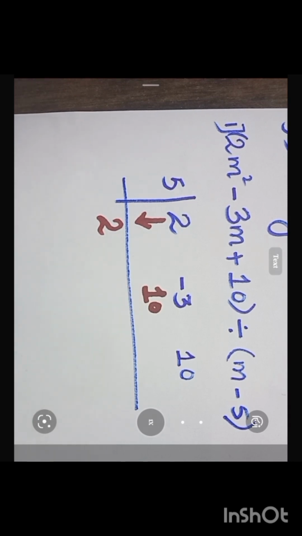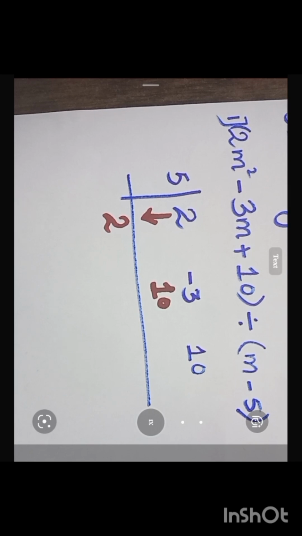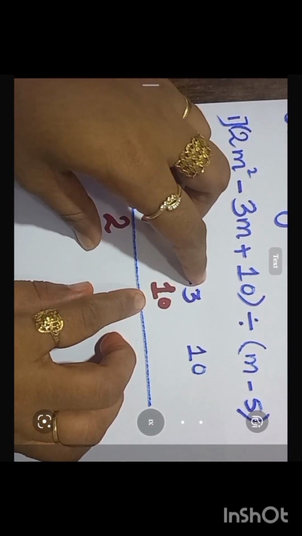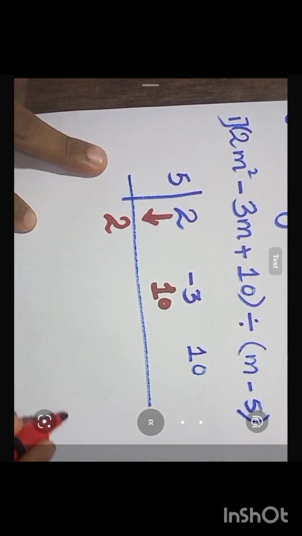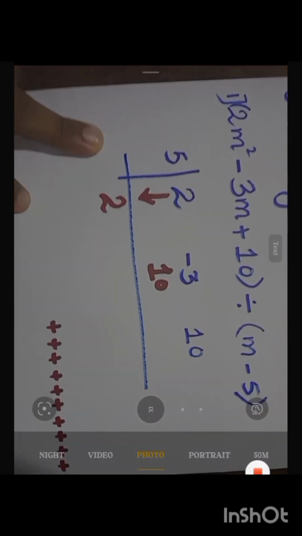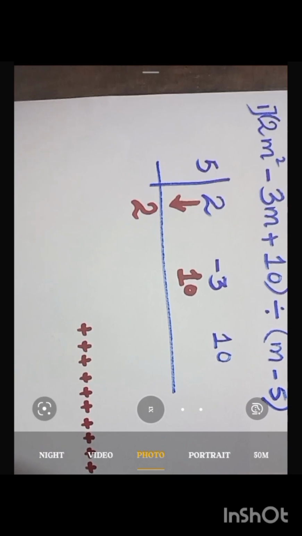Now we need to solve this minus 3 and 10. To solve this, I am drawing some signs here. Let's see what I will get after solving minus 3 and 10. As you can see, the 10 is positive, so I have drawn 10 positive signs here. And 3 is negative, so I'll be drawing 3 negative charges.